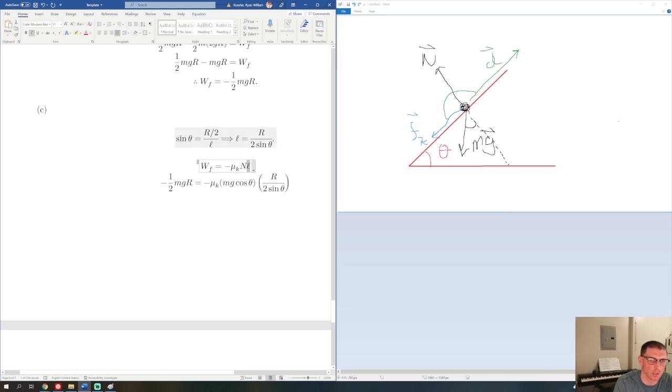It's not as nice as just writing L, but it's not so bad once you just do the trig. So whenever you're calculating work, if you're writing it out explicitly, it should be a force times a displacement, because work and force are just very different things.